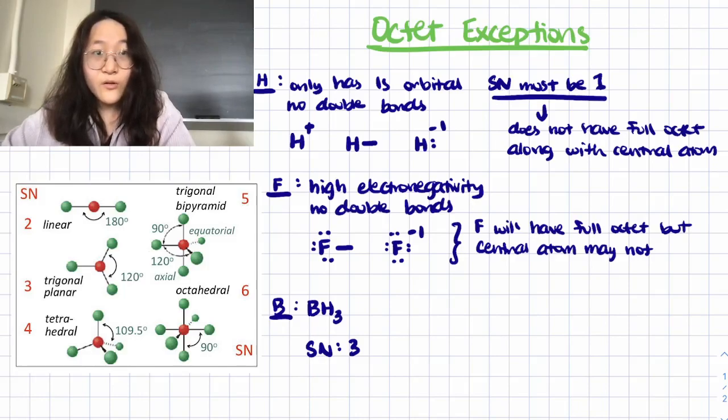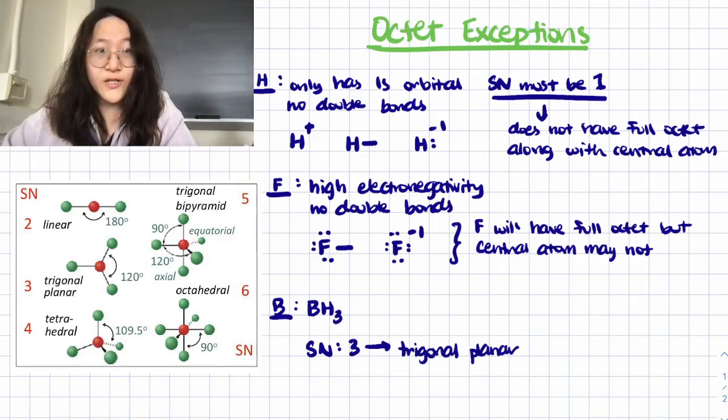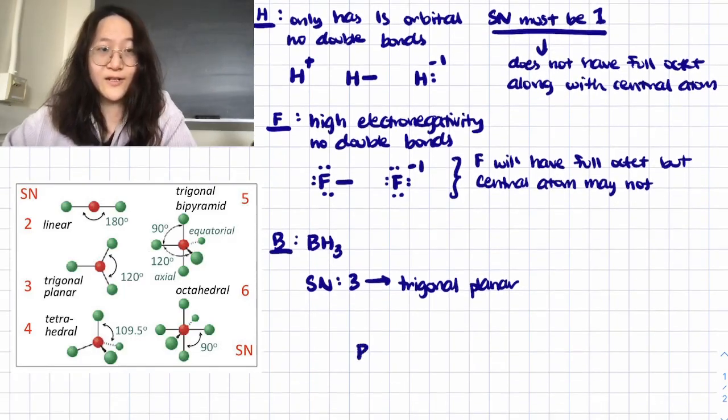So let's think about this. We already mentioned that hydrogen does not form double bonds. In this case, with a steric number of 3, we have a trigonal planar formation. And so we would just connect boron with 3 hydrogens around it. And that's it.